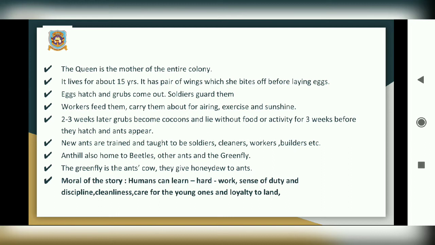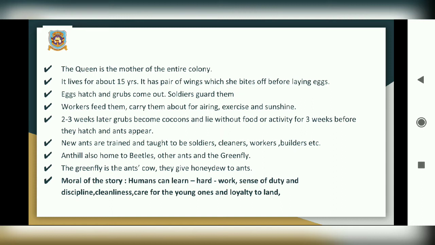Now the lesson tells us the cycle of the ant's life. The queen ant lays eggs, and eggs hatch and grubs come out. Now it is the responsibility of the soldier ants to guard them. Worker ants feed them. They carry them about for airing, exercise, and sunshine. So all this care is given by the worker ants.